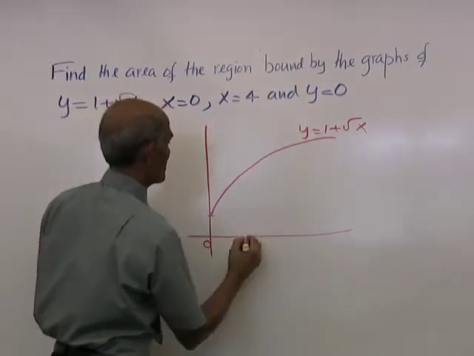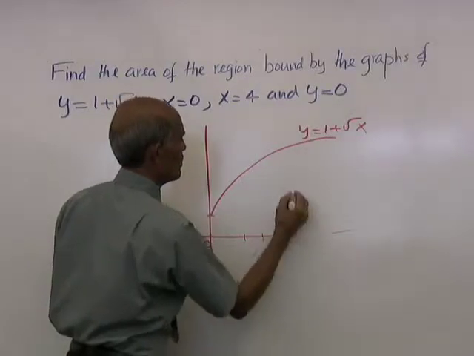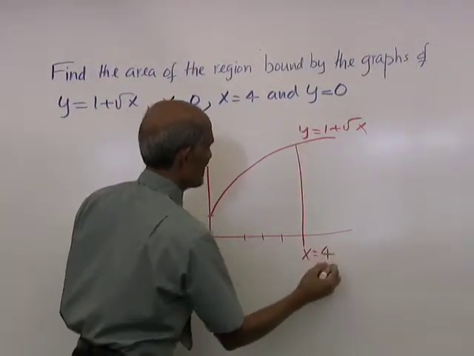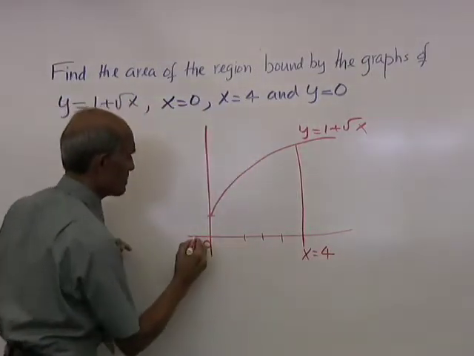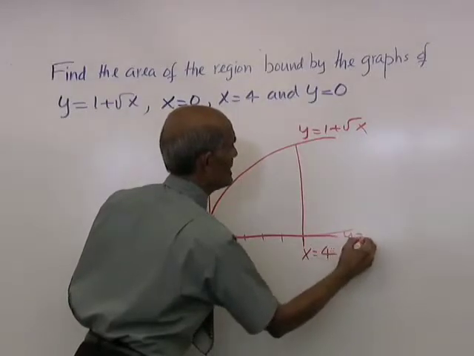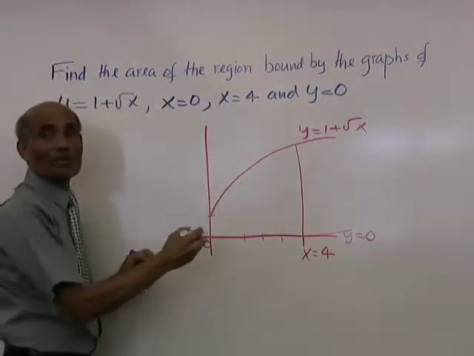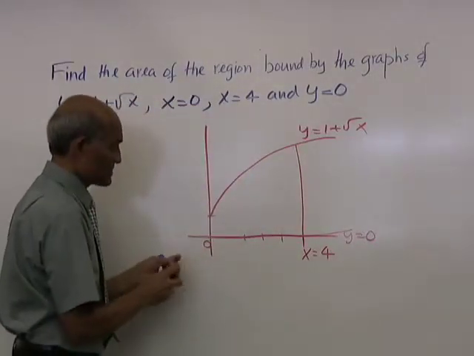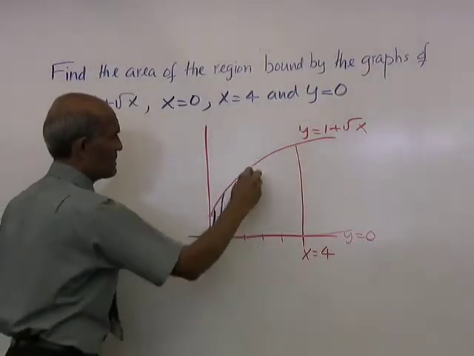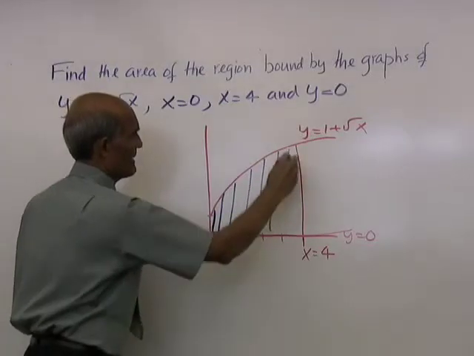X equal to 4, 1, 2, 3, 4. This is x equal to 4. And y equal to 0 is the x-axis. You see? So what we are required to do is to find this area. This is the area that we are looking for.